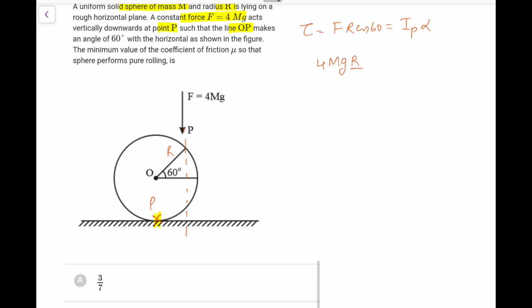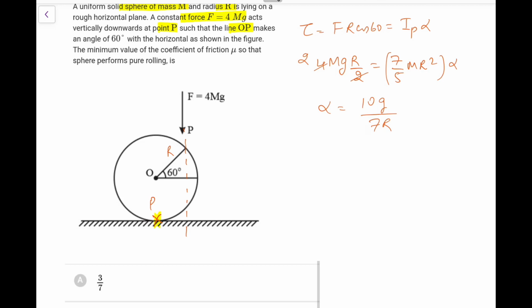So F is 4 mg, r cos 60 is r by 2, IP, because it is a sphere, about P would be 7 by 5 mr square into alpha. So alpha comes out as 10 g by 7r.